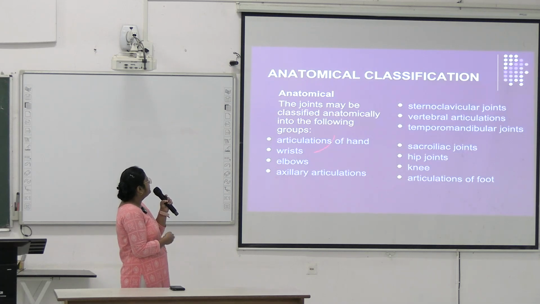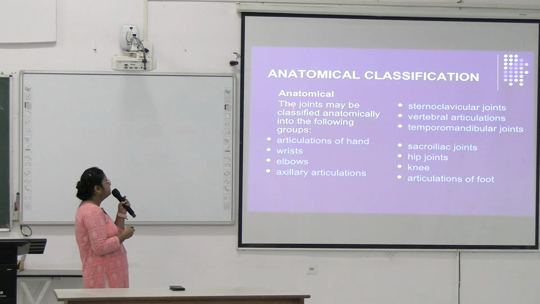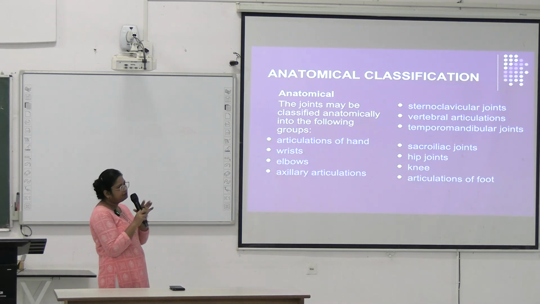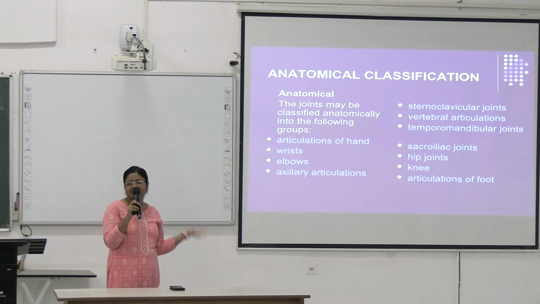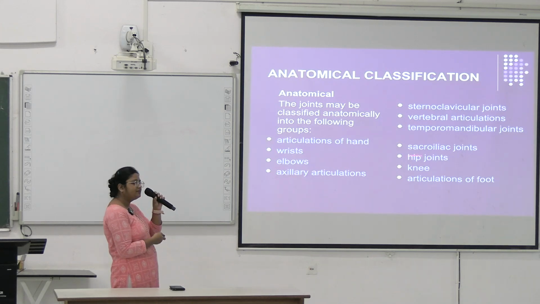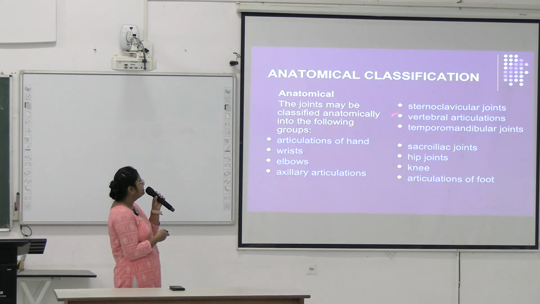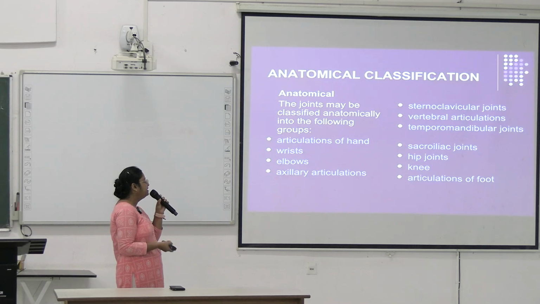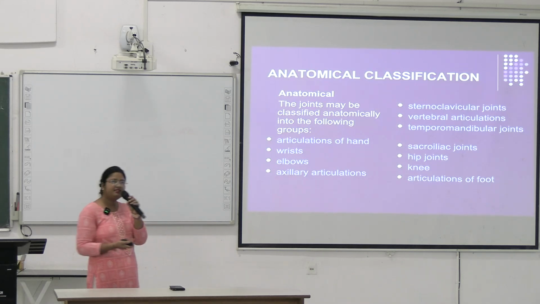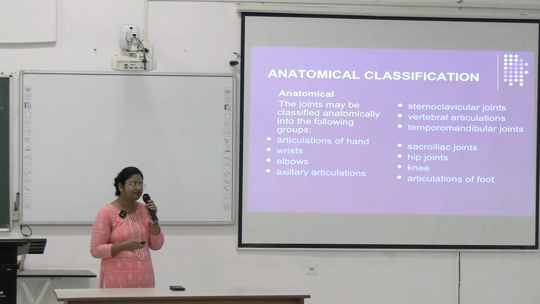Now, anatomical classification. Joints may be classified anatomically into the following groups according to the region, like articulations of the hand, wrist, elbow, axillary articulations, sternoclavicular joint, vertebral articulation, temporomandibular joint, sacroiliac joint, hip joint, knee joint, articulation of the foot, according to the different regions of our body.